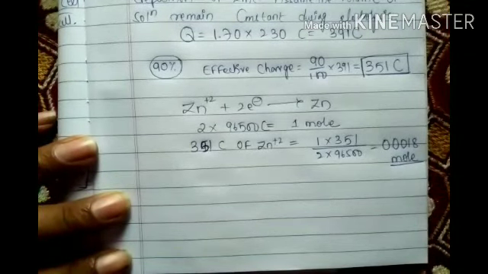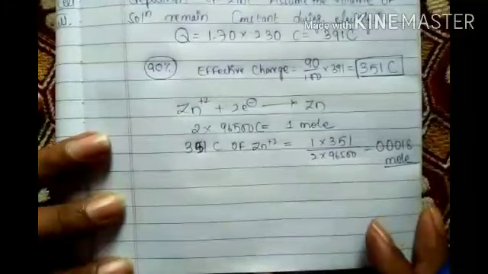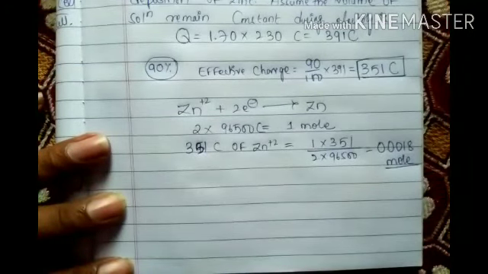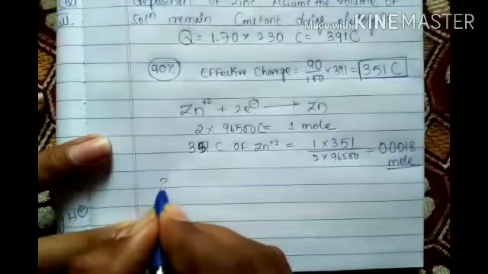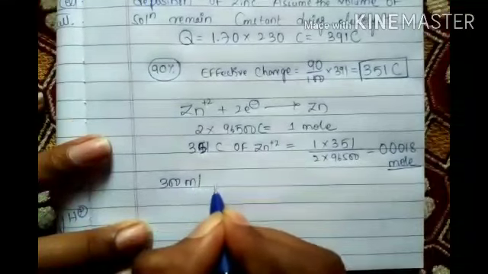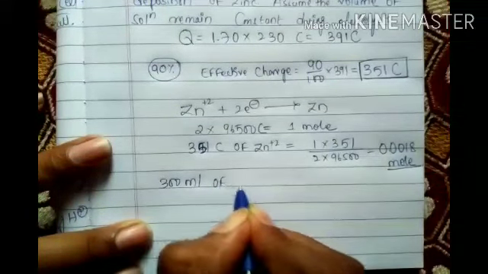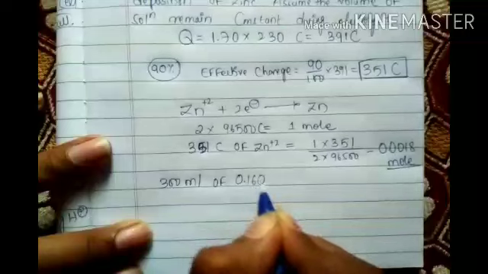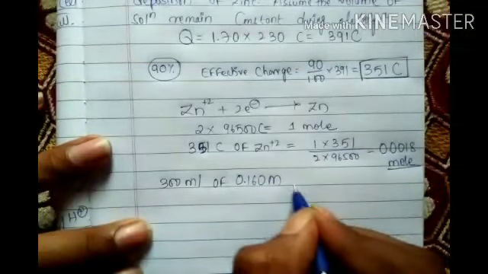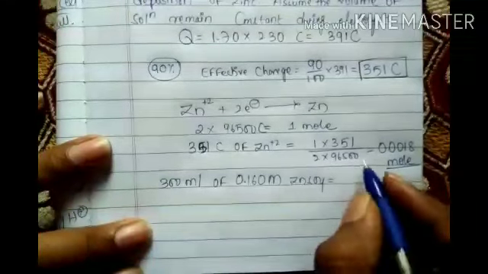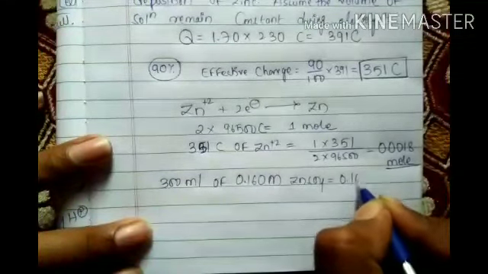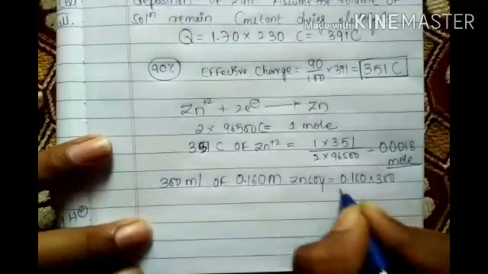Now, one more question. Zn ions present originally in 300 ml of 0.160 m ZnSO4. This is calculation of molarity. Calculate the moles. 300 ml of 0.160 m ZnSO4 equals 0.160 into 300 by 1000.